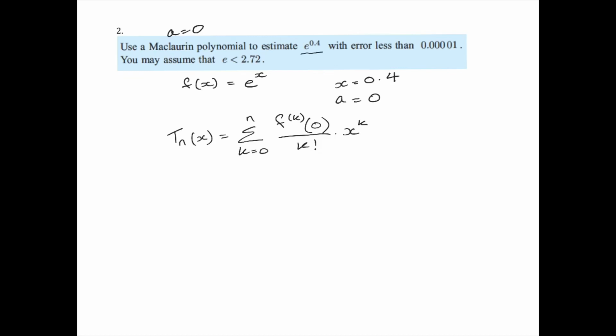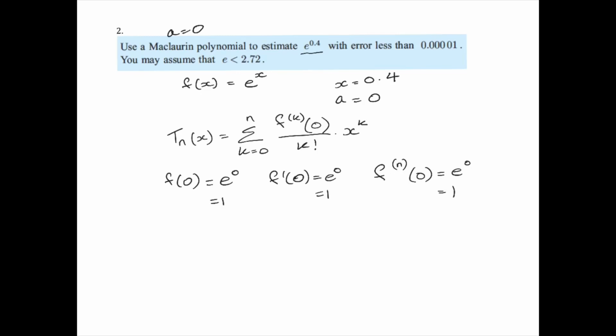Okay, so that's the function. Now, the good news is f(0) is e to the 0, which is 1. And f'(0) is also e to the 0, which is 1. In fact, the derivative of any degree at 0 is e to the 0, which is 1 in this case.